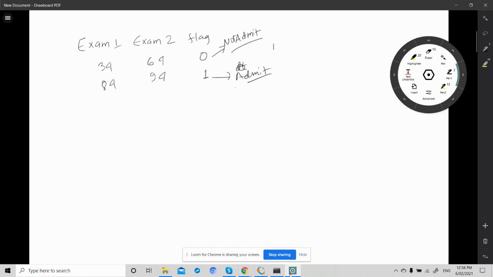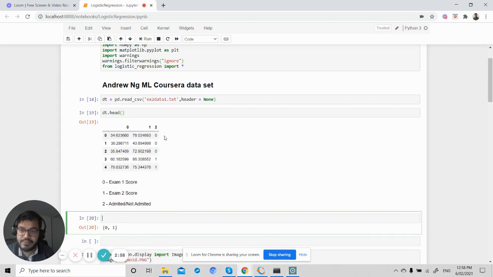What I will be doing is separating all zeros in one variable and all ones in another variable. I will be splitting that so that df of 2 equals 0. This will split my data and show all zeros for the exam 1 score.